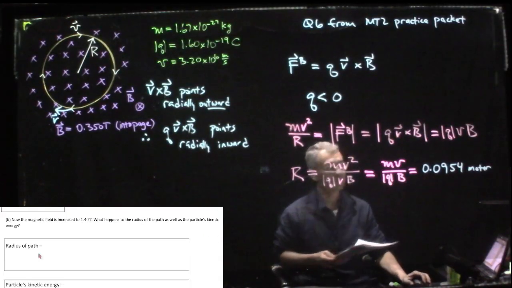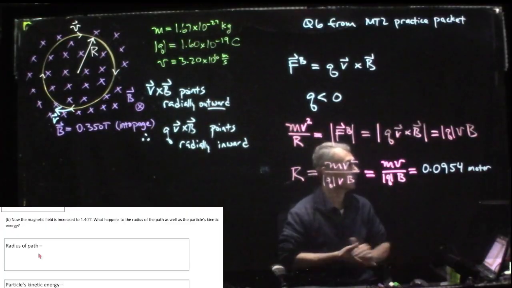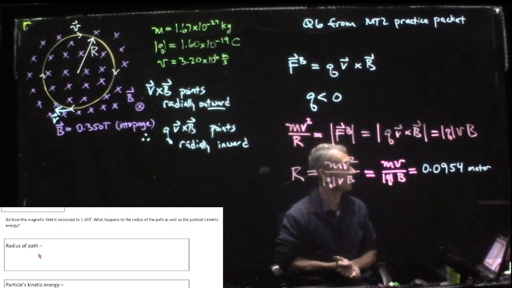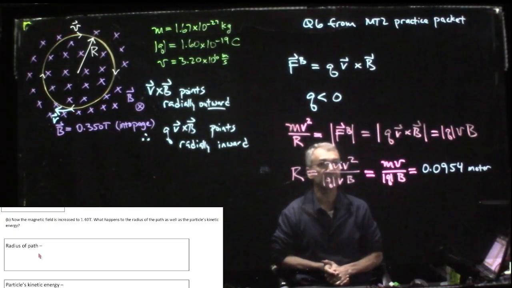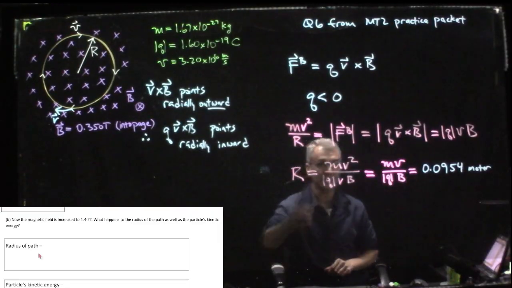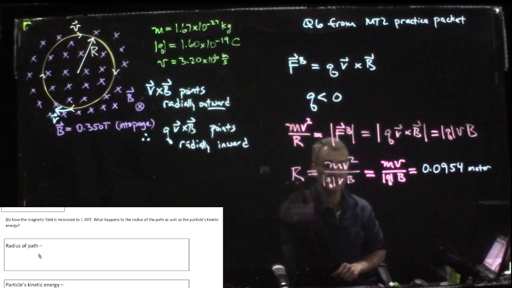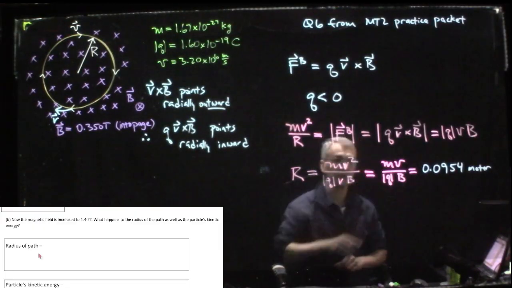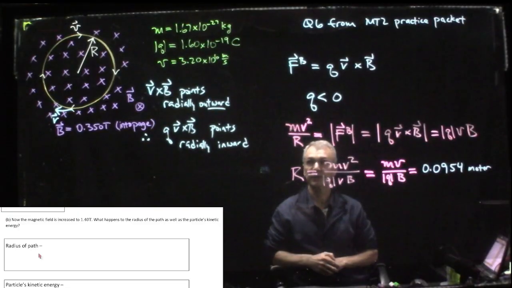Now the magnetic field is increased to 1.4 Tesla. What happens to the radius of the path? What happens to the particle's kinetic energy? So I think we can see that the radius is inversely proportional to the magnetic field.